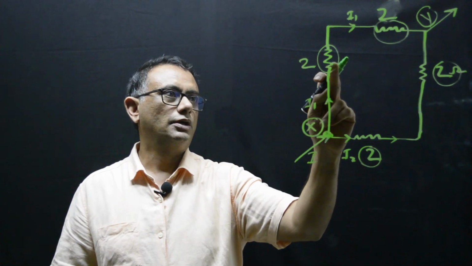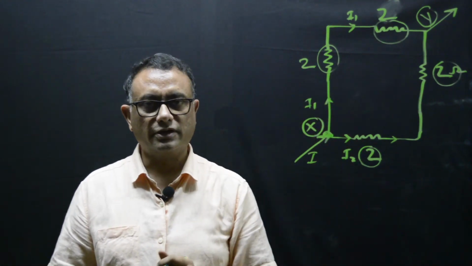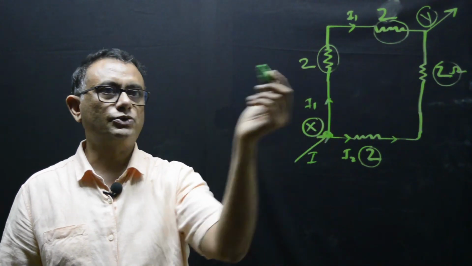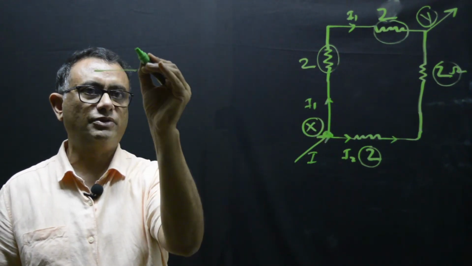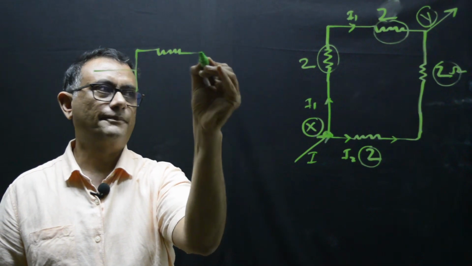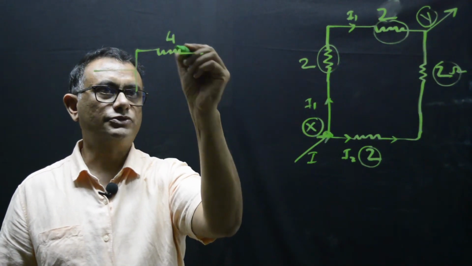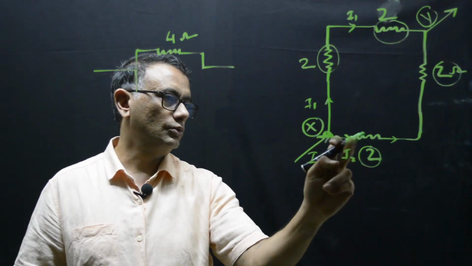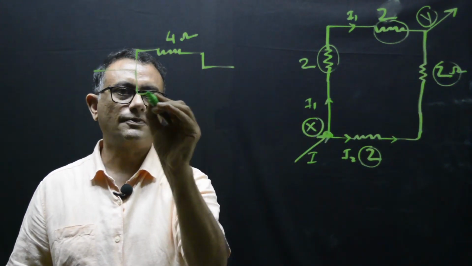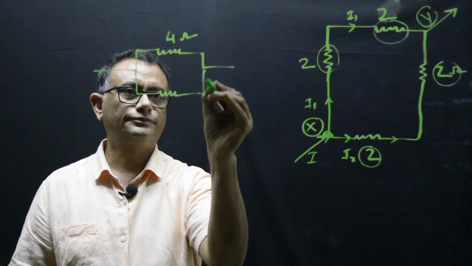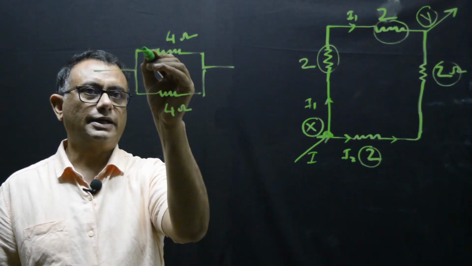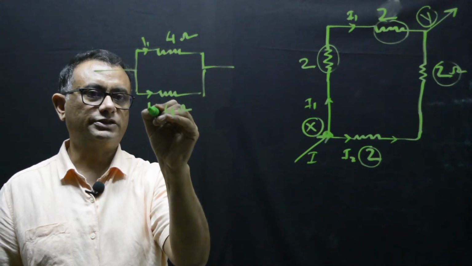Applying the formula for effective resistance in series, these two put together, 2 plus 2 is 4 ohms. So the circuit can be simplified in this way: 2 plus 2 is 4 ohms, and here too 2 plus 2 is 4 ohms, with the current I1 passing through this and I2 passing through this.